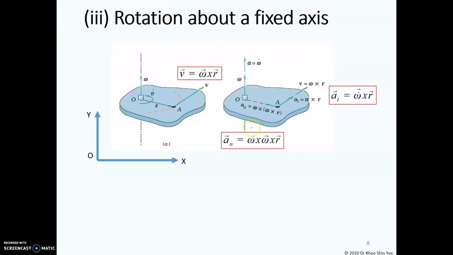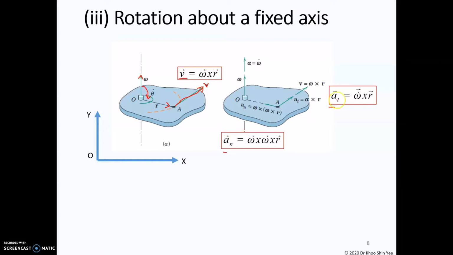So this is the 3D view for your velocity and acceleration. For the velocity, you can obtain it by taking the omega here, cross with the radius here. So by using the right hand rule, if you cross this, you obtain a vector which is perpendicular to these two vectors. Therefore, you obtain the velocity in this direction, and this is your tangential velocity.